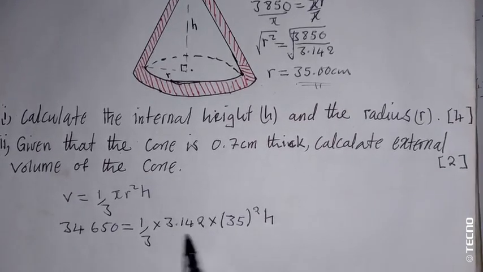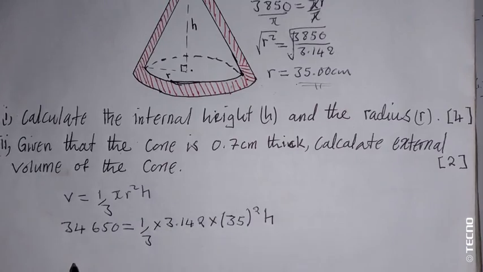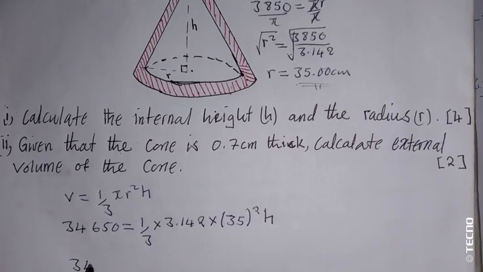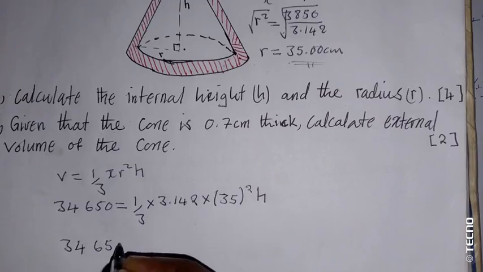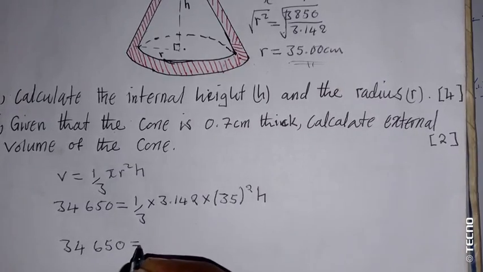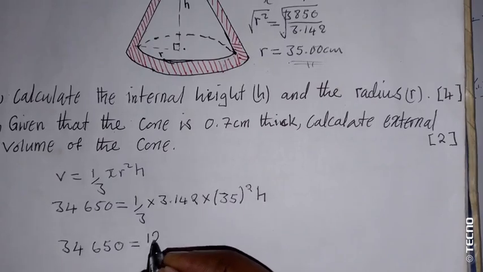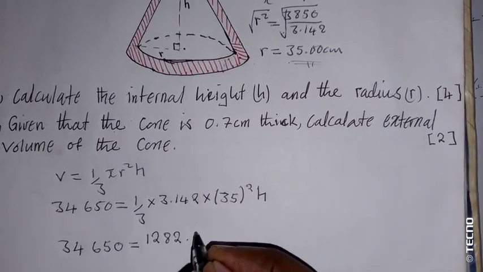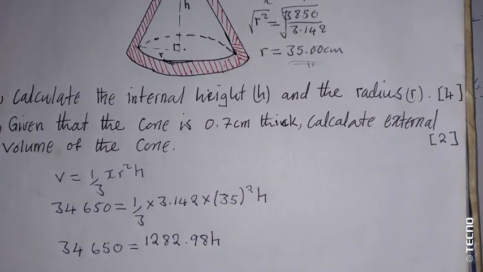Computing this on the calculator, I will write this again: 34,650 is equal to, once we do this, 1282.98 h, once you compute and divide by 3.